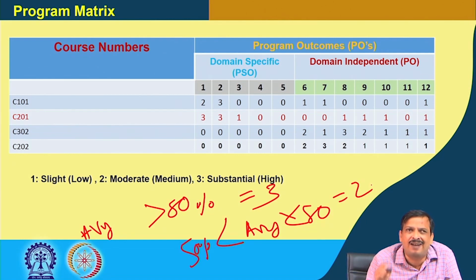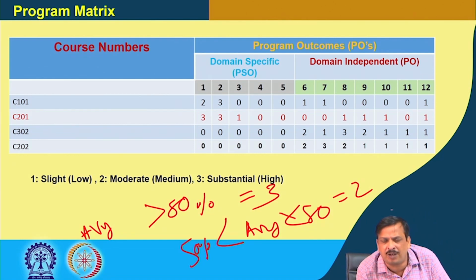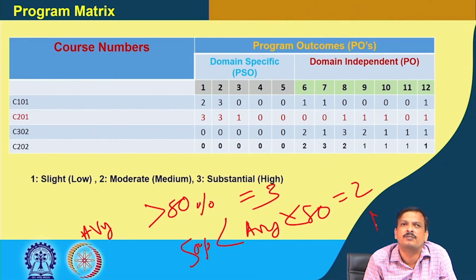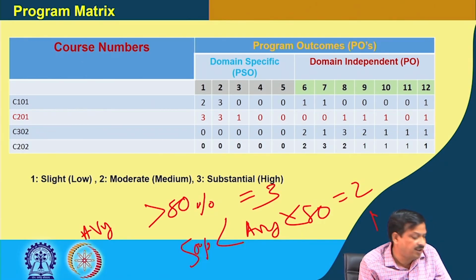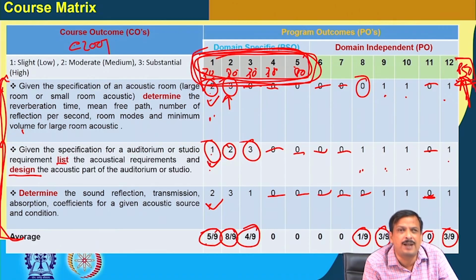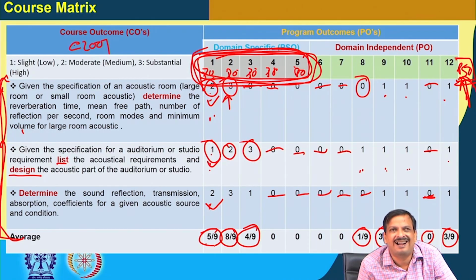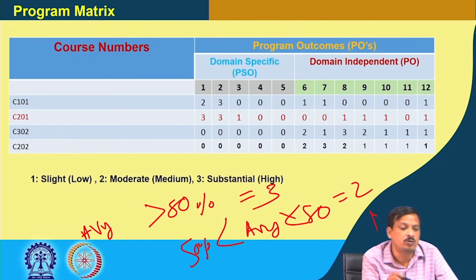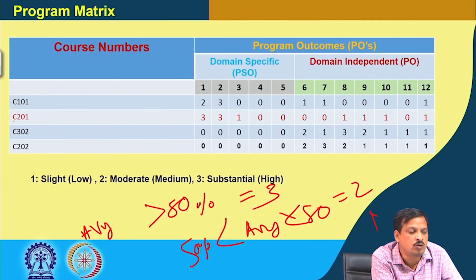If my average is above 10% and below 40%, 50%, I put 1. You define that logic. So, I see this one, 5 by 9, average is above 50% but below 80%, so I put 2.